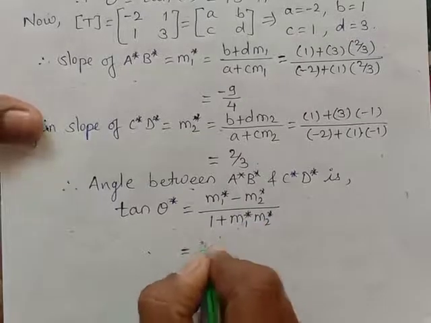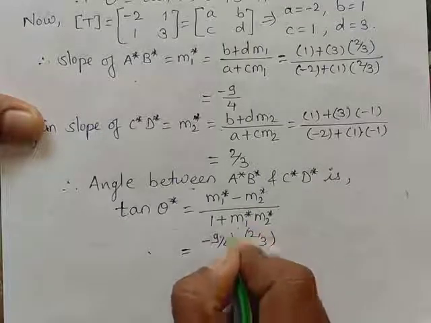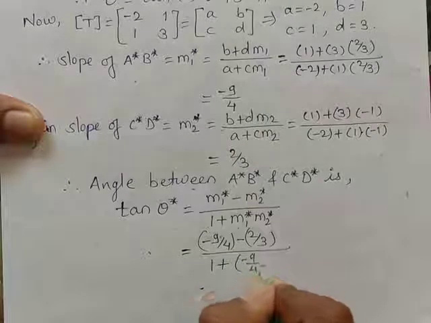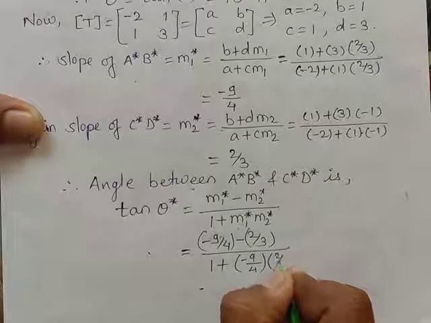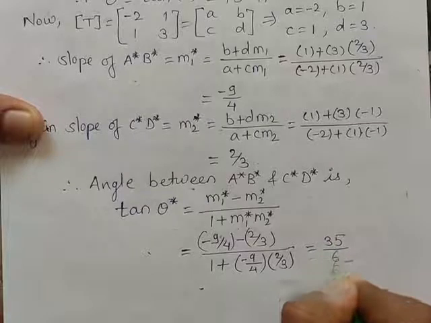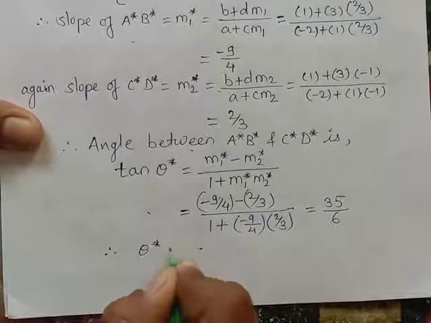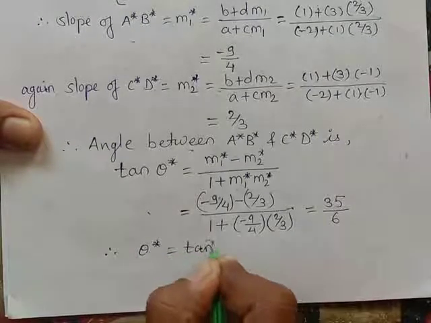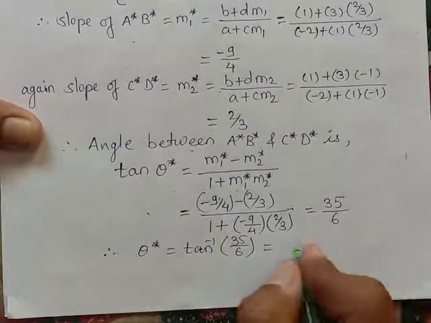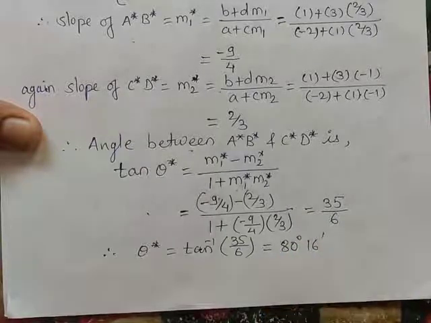It is minus 9 by 4 minus 2 by 3 upon 1 plus minus 9 by 4 into 2 by 3. Simplifying it, we get it is 35 by 6. Therefore, theta star is equal to tan inverse of 35 by 6 and that is 80 degree and 16 minutes.